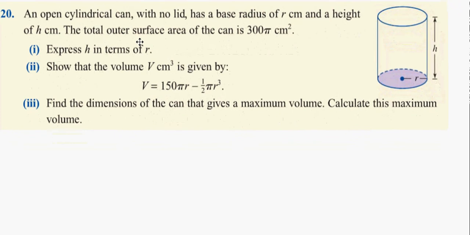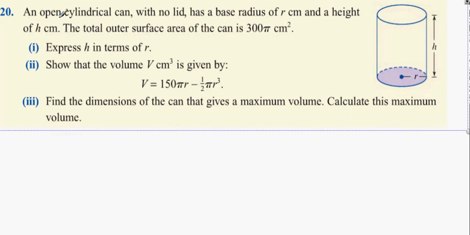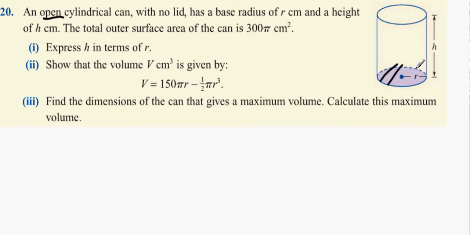An open cylinder can, keyword open, with no lid, has a base radius r and a height of h. The total outer surface area of the can is 300 pi centimeters squared. Express h in terms of r. Well, we have the total surface area, TSA, equals the curved surface area.